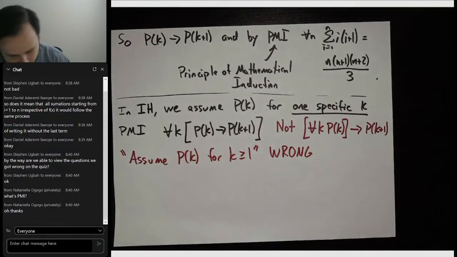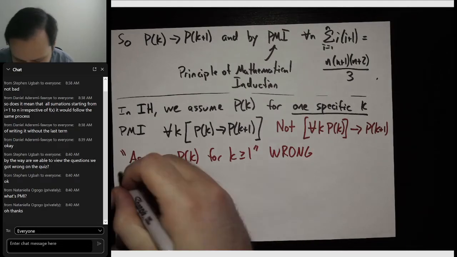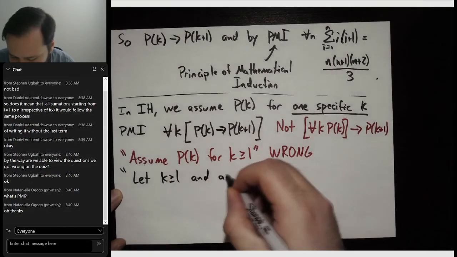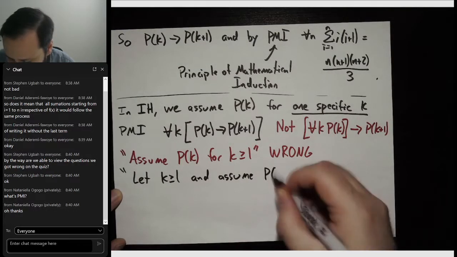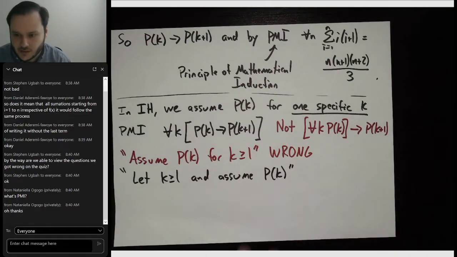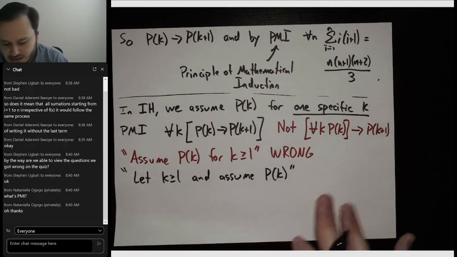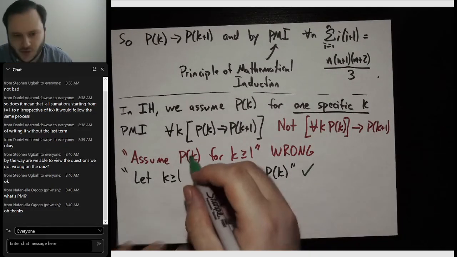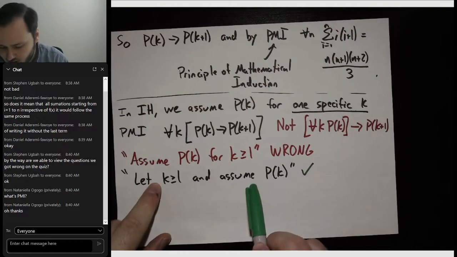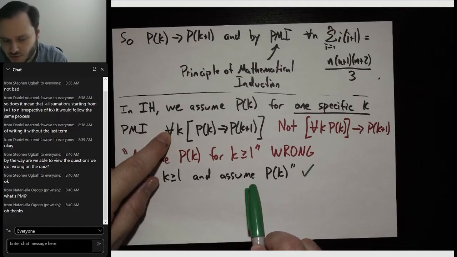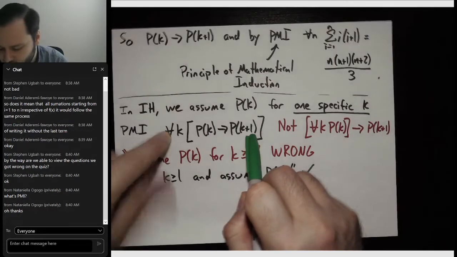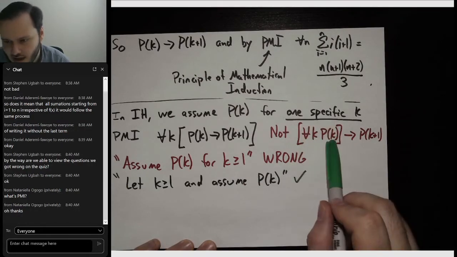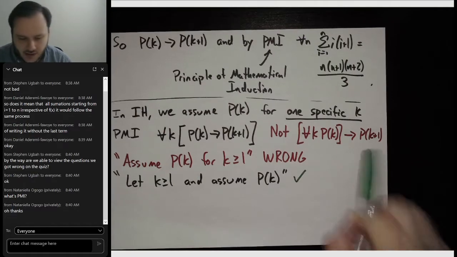That is a fundamentally different statement than let k be greater than or equal to 1 and assume P of k. They look very similar, which is why I'm making a big deal about this. This one is good. This one is wrong. This one is setting up a statement that PMI can use for all k: this P of k implies this P of k plus 1. This is setting up the incorrect statement, assuming it's true for all k. It's true for one particular value.